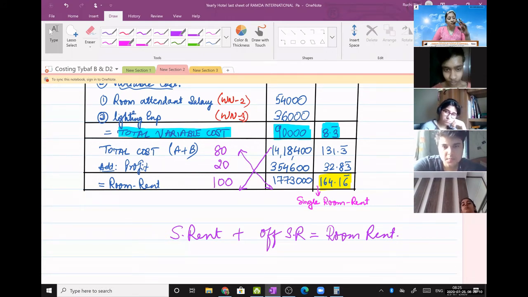Your calculation is divided as what? Seasons and off seasons. तो सीजन्स में जो तुम कमाते हो प्लस ऑफ सीजन्स में जो तुम कमाओगे, दोनों को मिला के तुम्हारा ईयरली रेंट होगा, रूम रेंट होगा. Now you understand what I am saying? Paushali and Shreya, did you understand what I said?